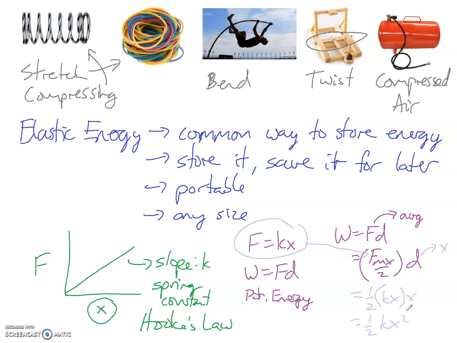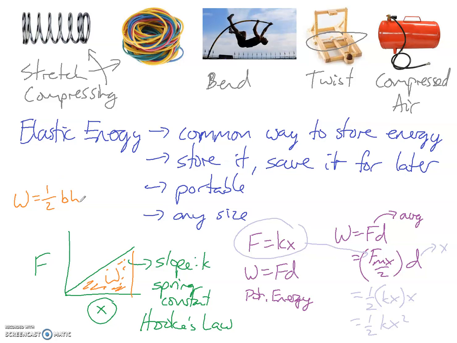Now, another way we can look at this is similar to what you guys have done before. If you go to an F-d graph, you guys have done this before, the work is actually the area under the graph. So if we calculate the area of this, that's another way to find the work in an F-d type situation. If I did that, it's just the area of a triangle, 1/2 base times height, right?